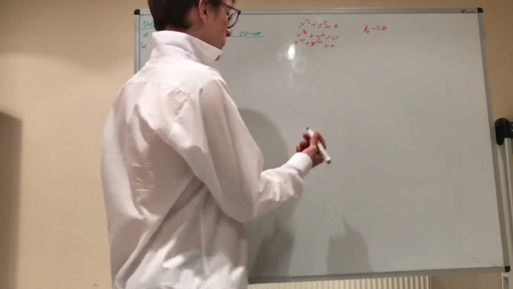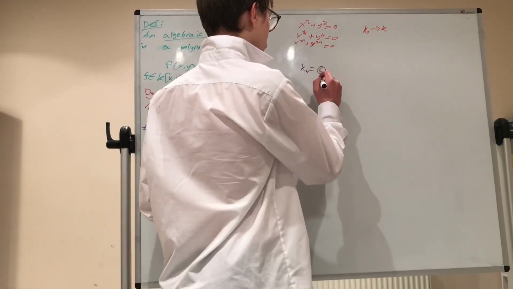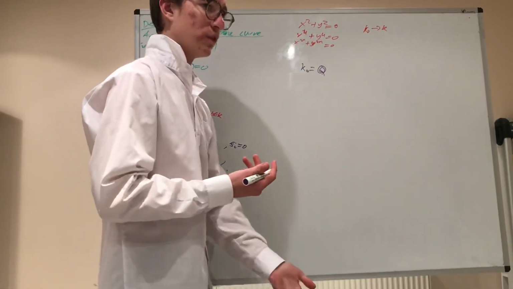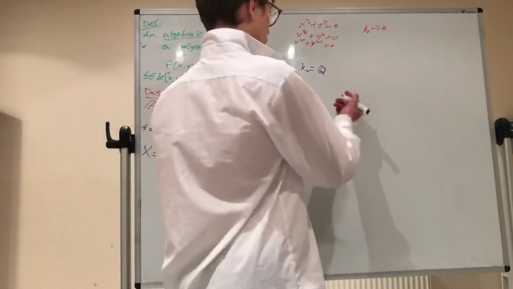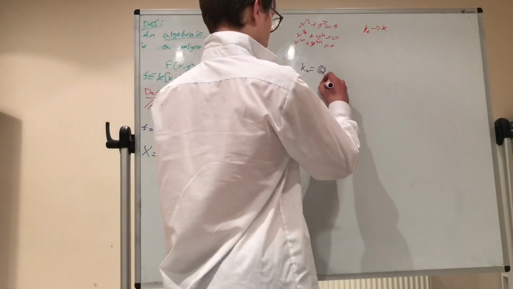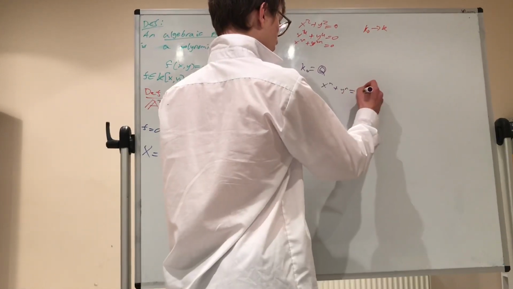So for example, if we have k0 equal to the rational numbers, well, this is also important. For example, Fermat's last theorem asks us for solutions of x to the n plus y to the n is equal to z to the n.